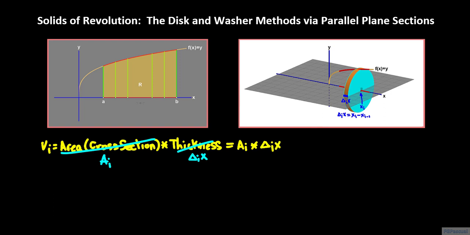Each cross-section is circular, and so A sub i is pi times its radius squared. We use the cross-section at x sub i because it is convenient to illustrate on our graphic. And so the radius of the cross-section is the y value f of x sub i.